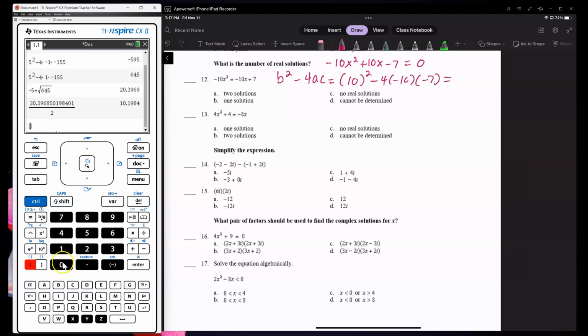Let's use the calculator. 10 squared minus 4 times negative 10 times negative 7. So we're not going to have real solutions, so it's going to be C.